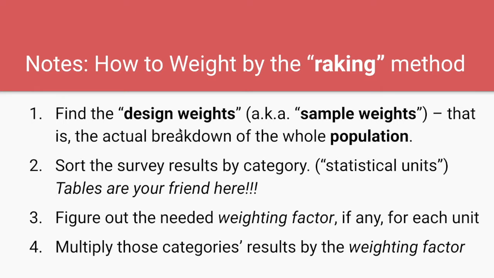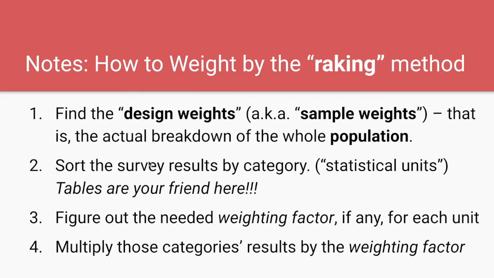So your design weights would be 25% for each grade. If the general population is 25% ninth graders, then you want your sample to be 25% ninth graders.